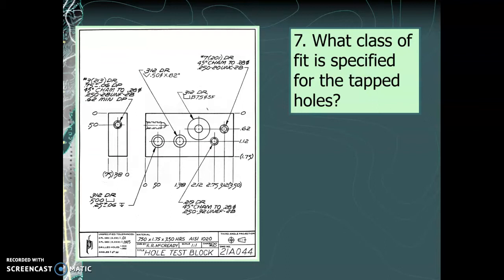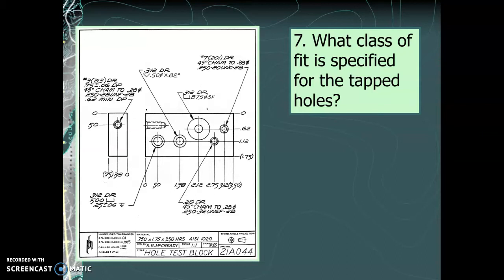Okay, let's get back to a more conceptual question here. What class of fit is specified for the tapped holes? So that falls right in line with the threaded hole specifications that we're learning about in this unit. And so we need to find a tapped hole.